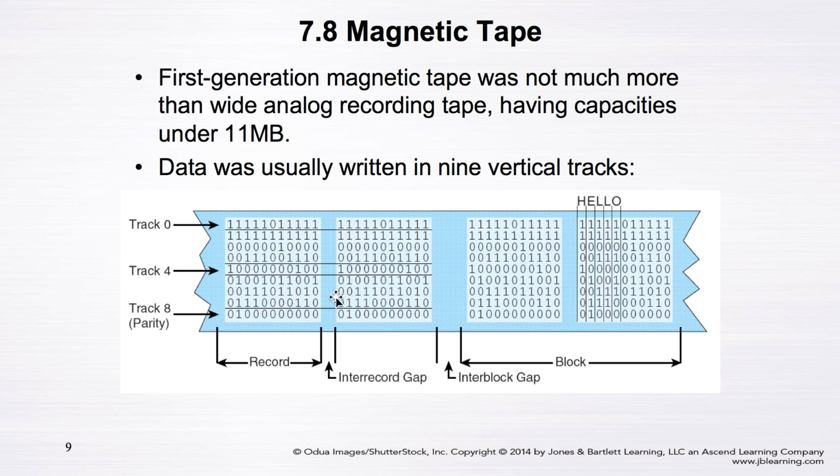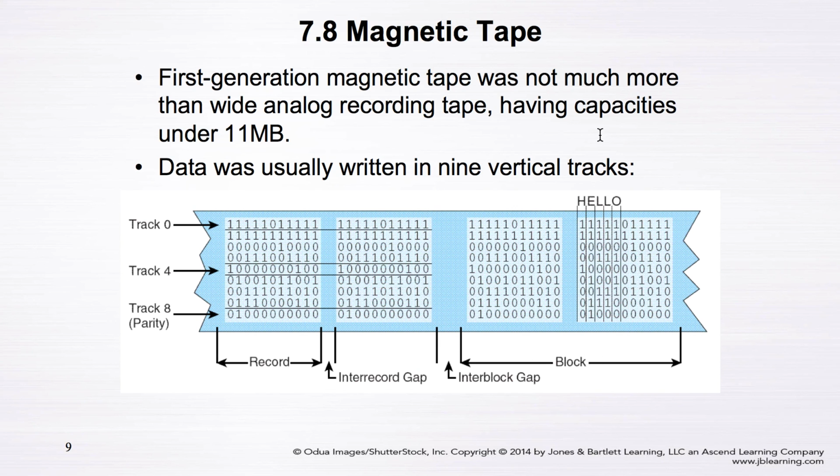The information has one block right here. We have some gap between different records, called the inter-record gap, and we have a different block of information separated by a bigger gap called the inter-block gap. A block right here contains two records.